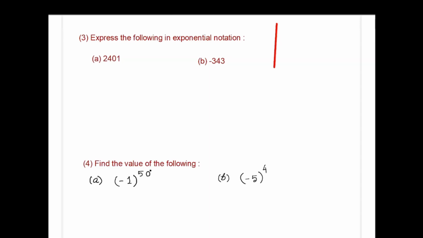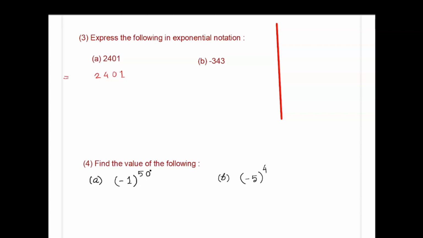Now the calculation part I will do here, or we can do it here also, no problem. Now see, 2401. First of all, we have to know the divisibility rules. Then it will help you do the calculation.